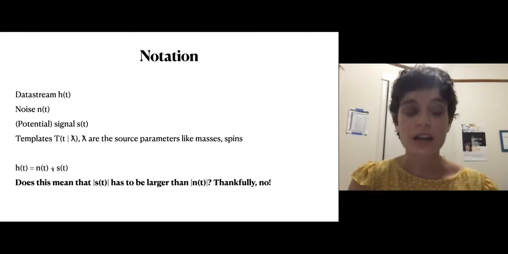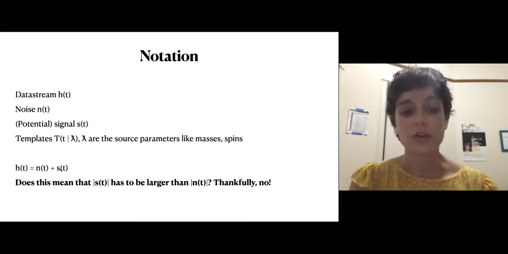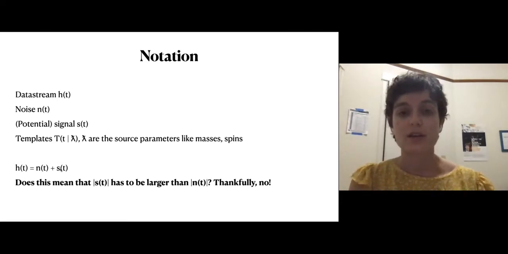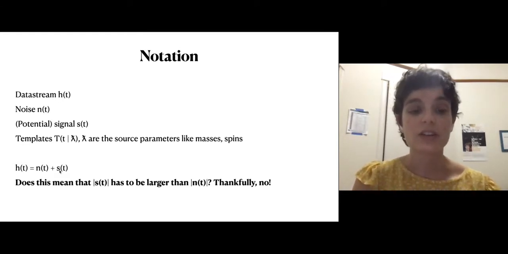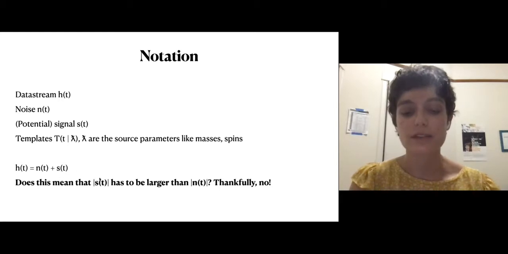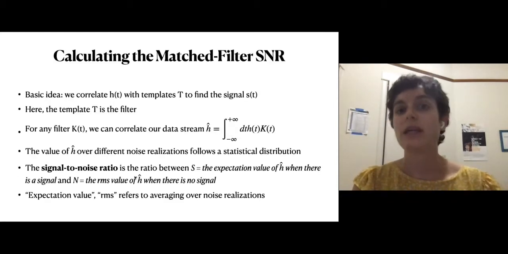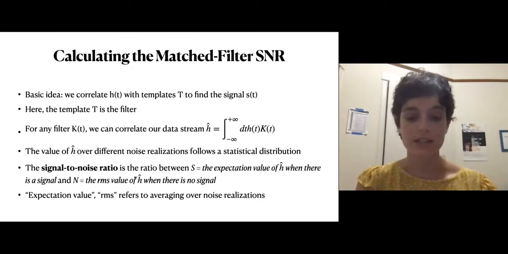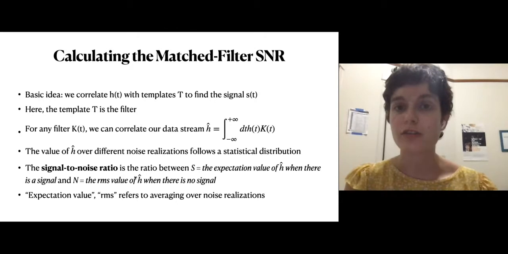Thankfully, as you saw in the movie, S of t, the signal, can be much smaller amplitude than the noise. And this is the power of matched filtering, is that we can detect signals that are buried in the noise because of this matched filter. Okay, so how do we calculate the matched filter SNR? And the next few slides will have quite a bit of math on them.